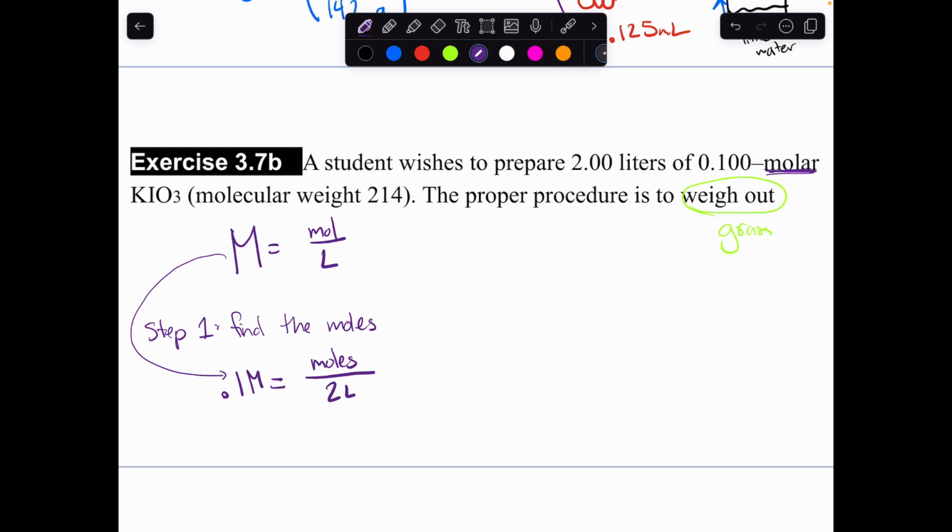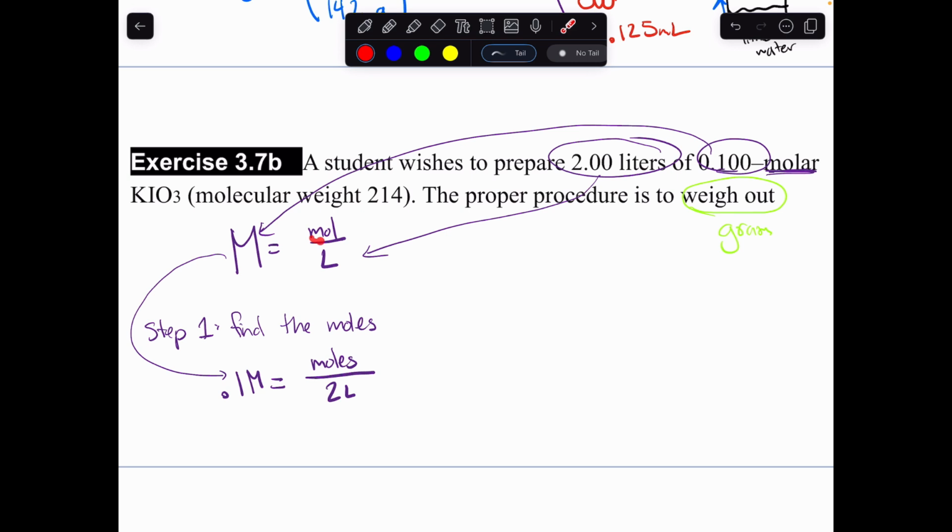The liters went on the bottom, the 0.1 went over here, and we're trying to find the mole value. If I solve this, 2 times 0.1, moles are going to equal 0.2.